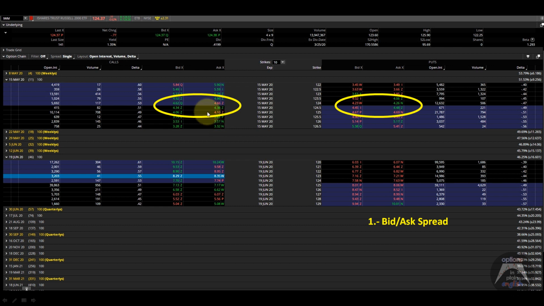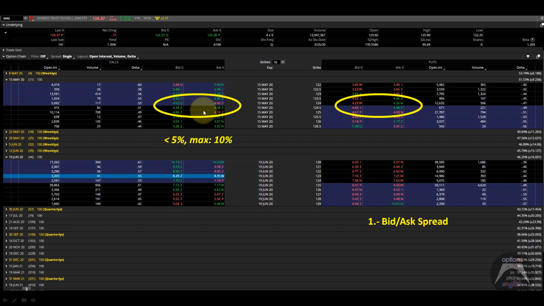Now, how would we know if a certain bid-ask spread is okay for us to trade? Well, there are many ways traders have looked at this, but the one that we like to take a look at, and the one that we use to determine whether an option is liquid, is a comparison of the bid-ask spread to the price of the option.